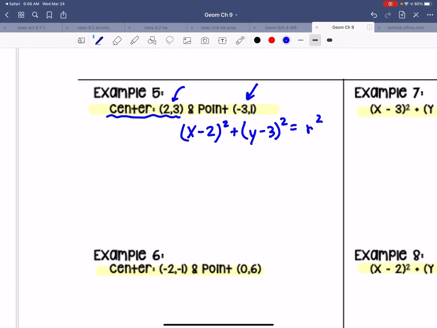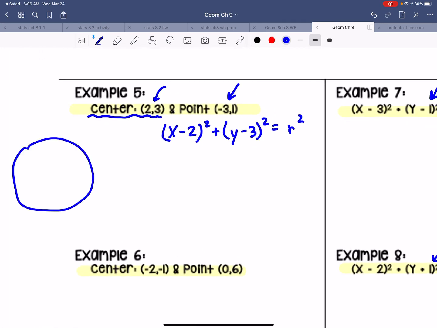By the definition of a circle, whatever the center is, it doesn't matter where it is, any point on the circle could be anywhere along that circle. But if they've told us this point is on the circle, then the distance between the center and any point on that circle has to be our radius, right? And that's what we're looking for.